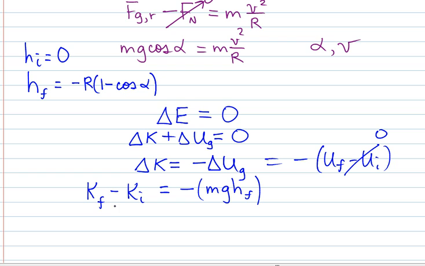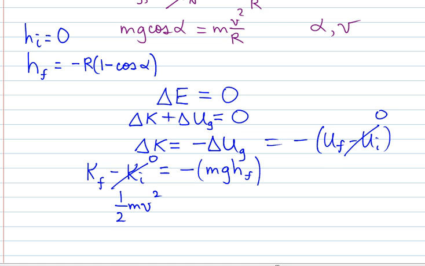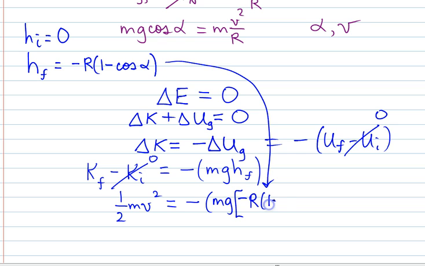Likewise, K initial is 0, and K final will be 1/2 mv squared. That's good because there's our mv squared. Then we write negative mg, and the final height comes from here: negative r times 1 minus cosine of alpha.